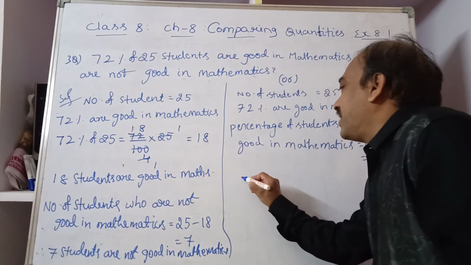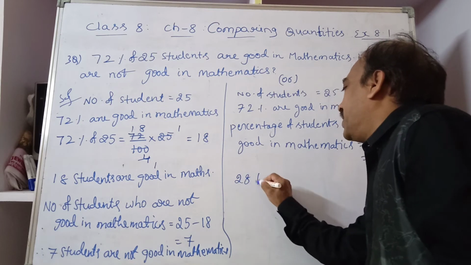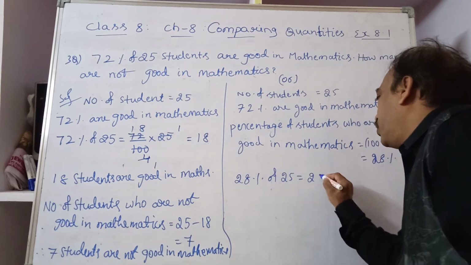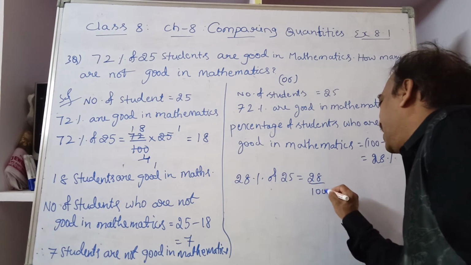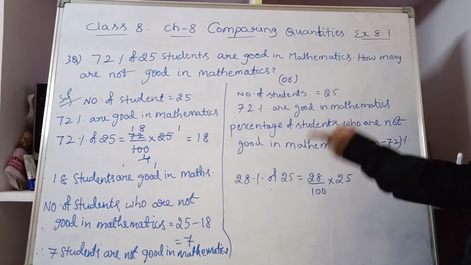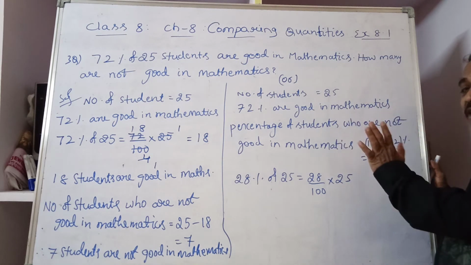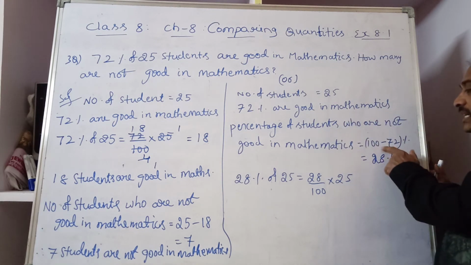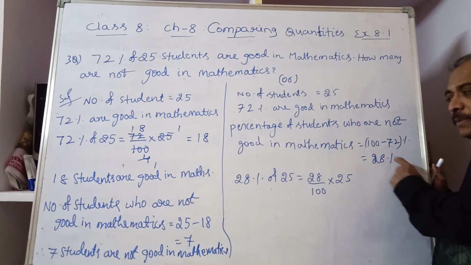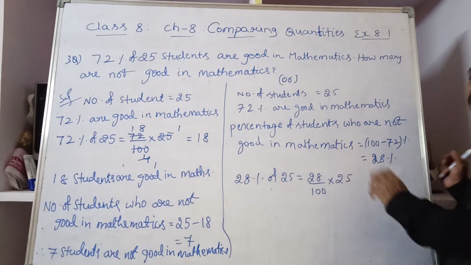So now we calculate 28% of 25, which is 28 by 100 into 25. You see here, total percentage per 100, total 100%. So out of that, 100 minus 72 will give you 28%. So 28% of the students are not good in mathematics.